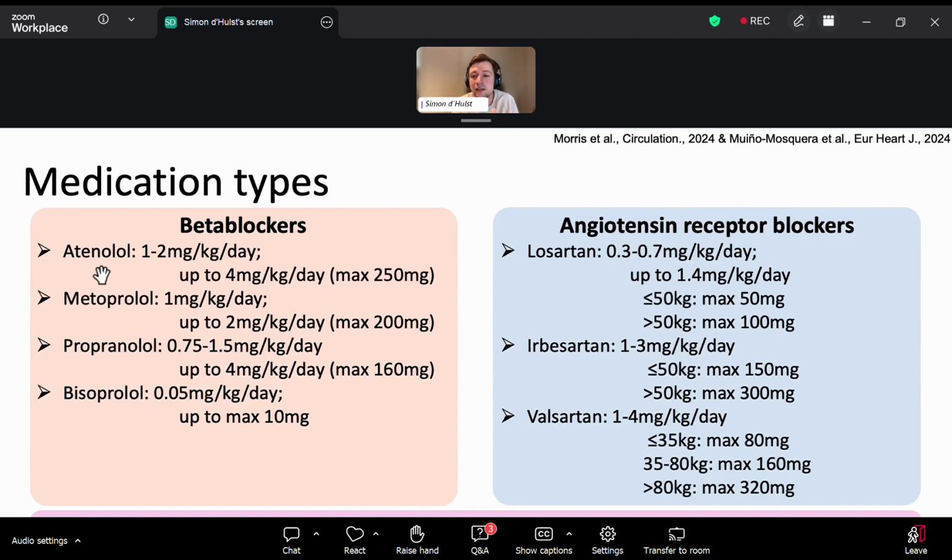That's why we usually do allow starting such medication, but of course, with the important notice that blood pressure should be followed up closely, at least in the first few weeks. But of course, in our patients, lifelong monitoring of blood pressure is important.